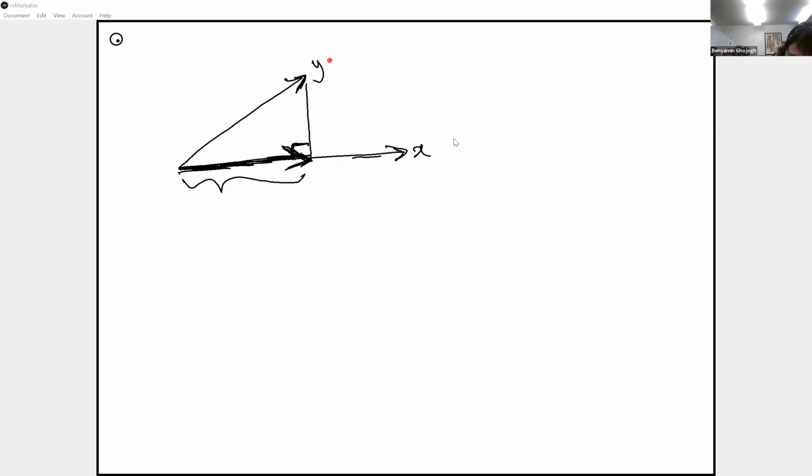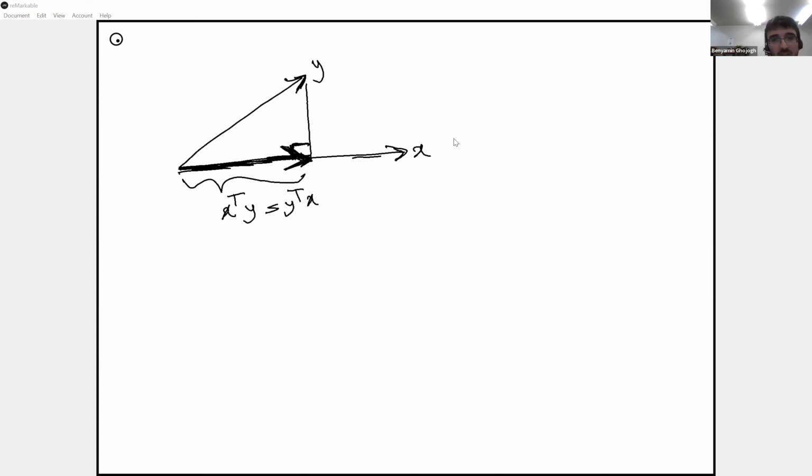When you project Y onto X, it means that you make a line perpendicular on X from Y. You get another vector, which is this. And if you take the length of this vector, it's equivalent to X transpose Y or Y transpose X. Doesn't matter. They are equivalent.